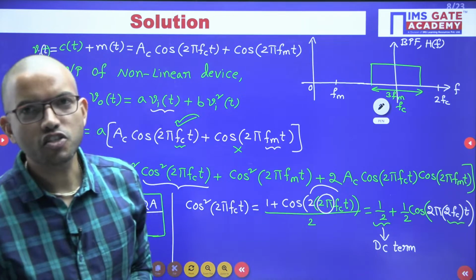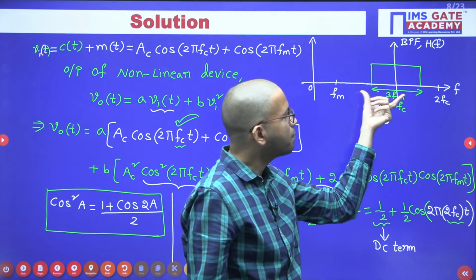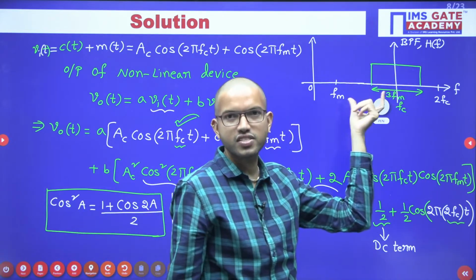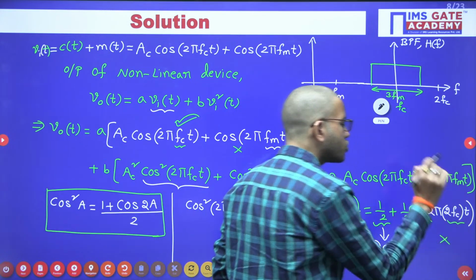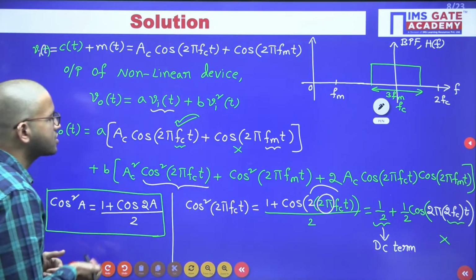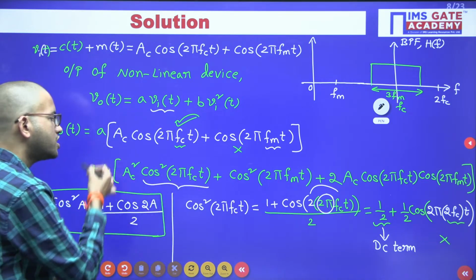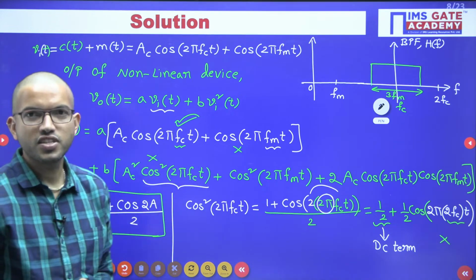Yes, very good Manoj, very good. So this is a very high frequency when compared to this particular band of frequencies. So obviously this particular term also is not allowed by the band pass filter according to the given question. So that means this overall term is also not allowed by the band pass filter, right?